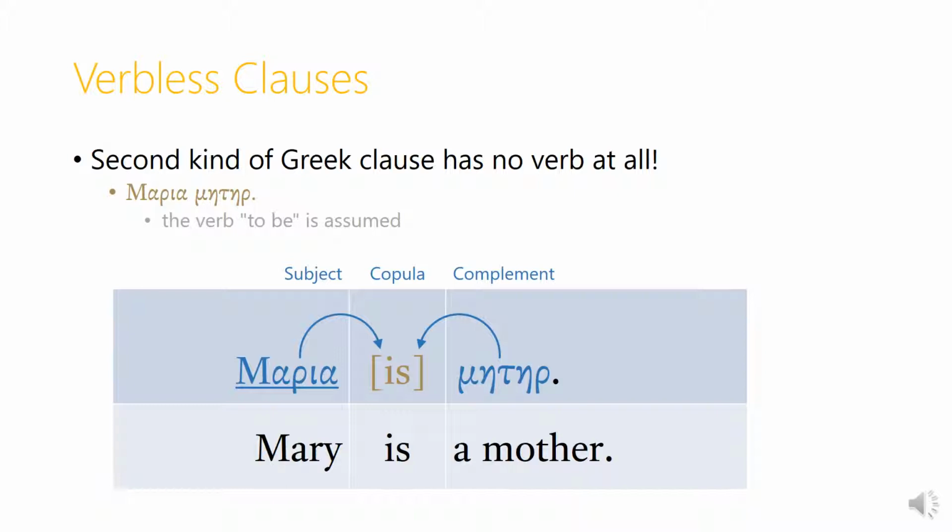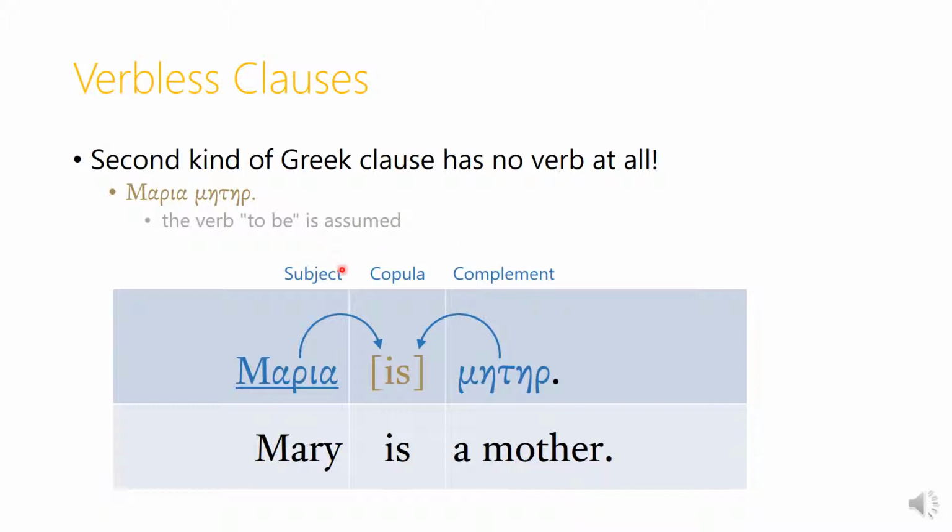So the verb to be is still in many ways the core of this clause, because the clause is about what is. Something exists. And the question is, what is it that exists? The parts of a verbless clause then are the subject, the copula, which is the verb to be and is hidden in a verbless clause, and the complement.